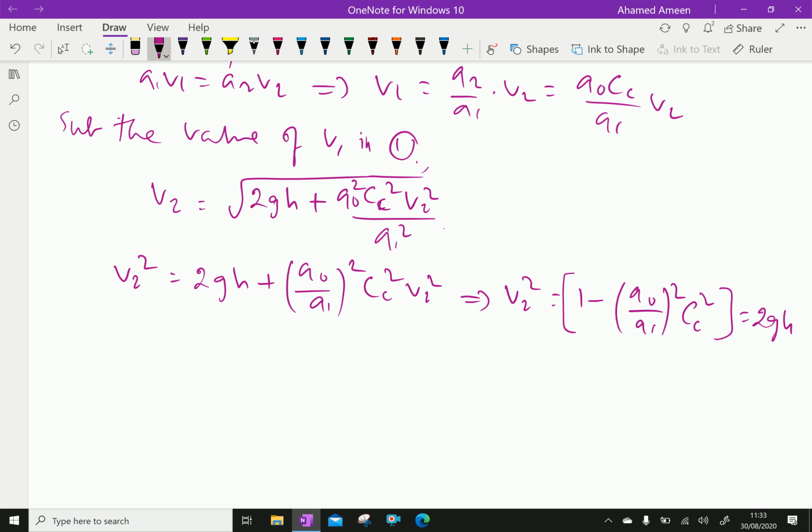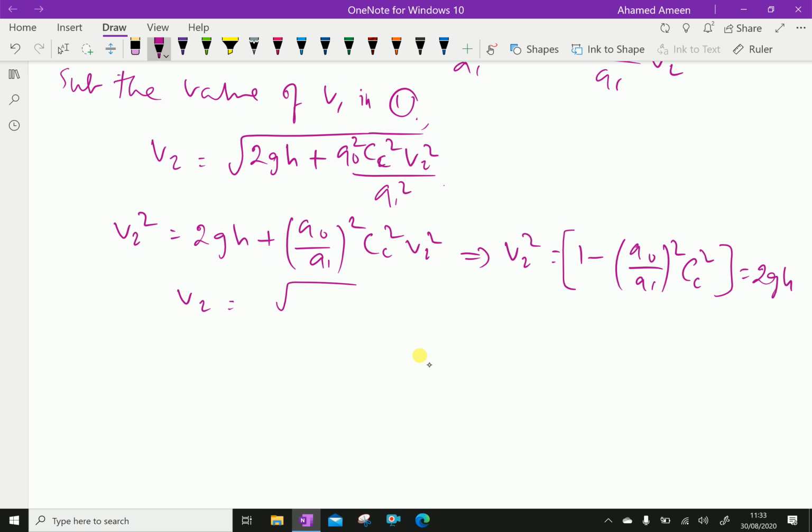Therefore, from here V2 equals square root of 2gH over square root of 1 minus A0 by A1 squared, CC squared.